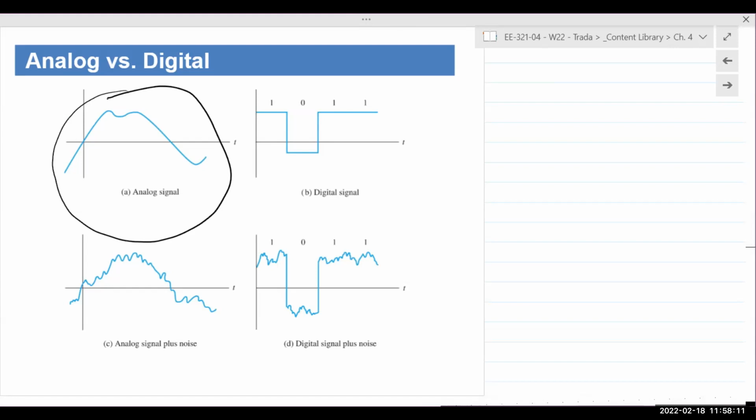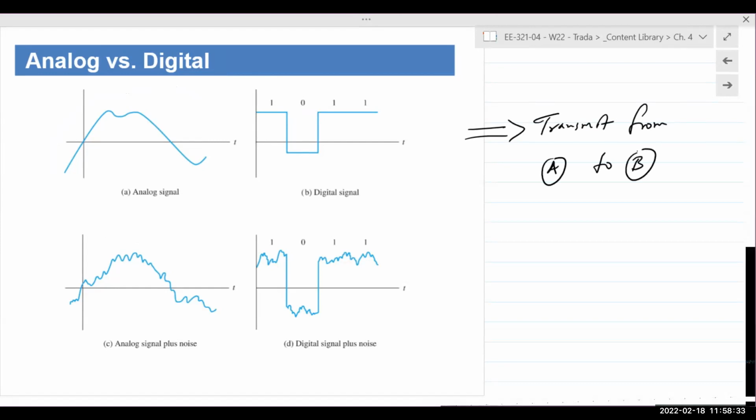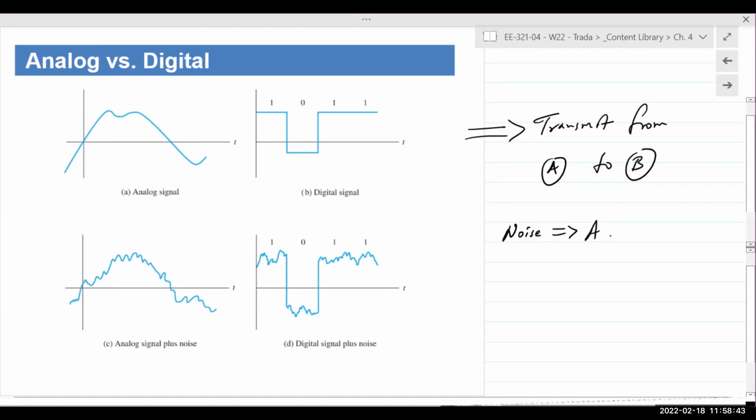Let's say we are trying to send this signal from point A to point B. When transmission occurs, there's always noise that is picked up. Noise, electrical noise, is basically any unwanted signal.